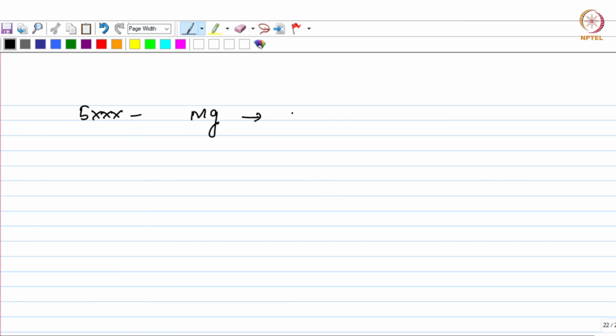And among all the alloying elements in the non-heat-treatable category, magnesium provides the highest strengthening effect.